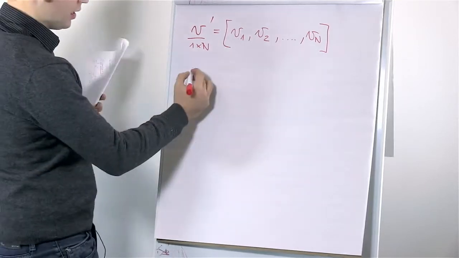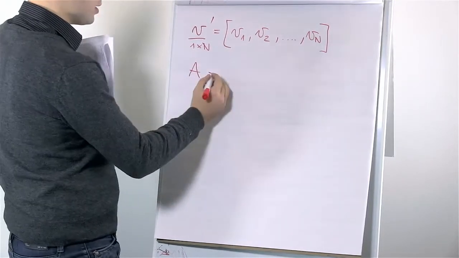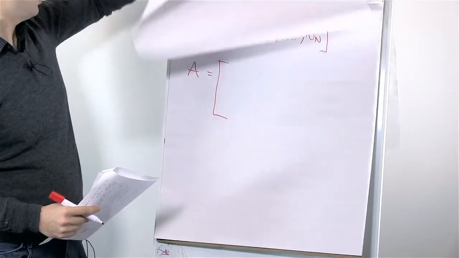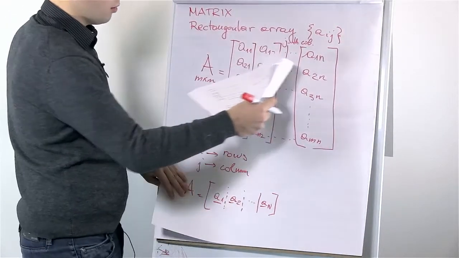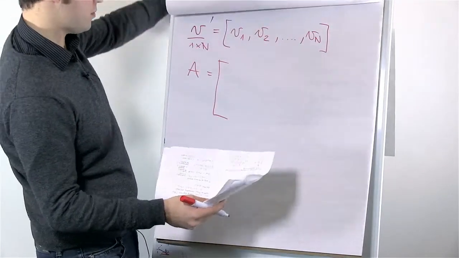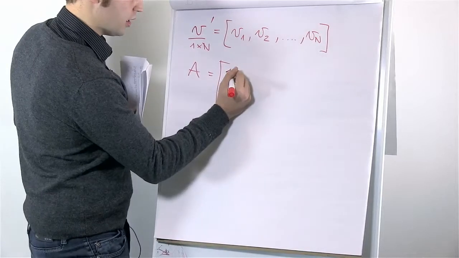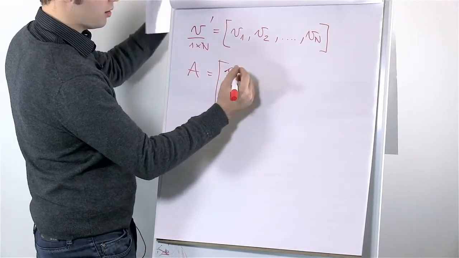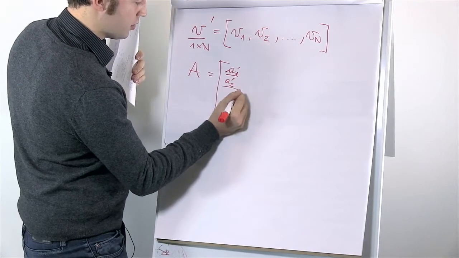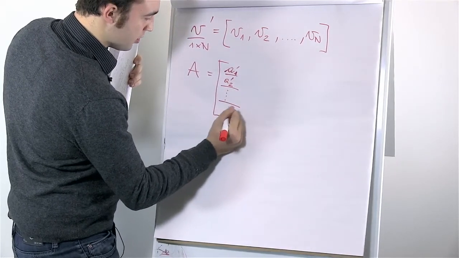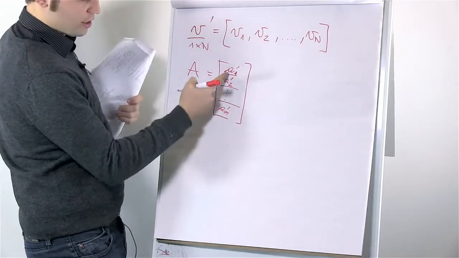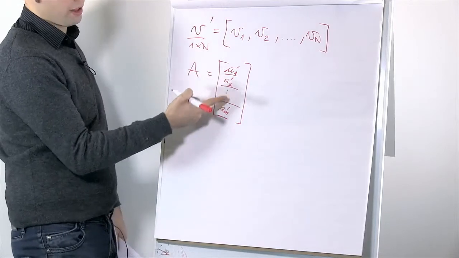Then we can see A as a union of m row vectors: A1 prime, A2 prime, up to Am prime, where each of these is a vector.